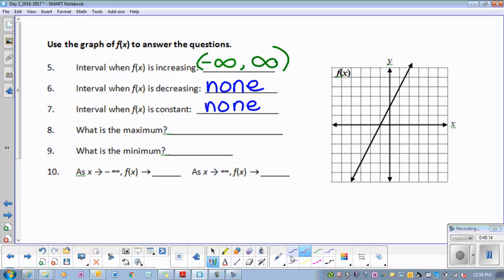This straight line, does this ever curve around? Does a straight line ever curve? No. So this really doesn't have a maximum. So maximum, none. So how about the minimum? Does this ever curve down? No. So straight line, no maximum, no minimum.